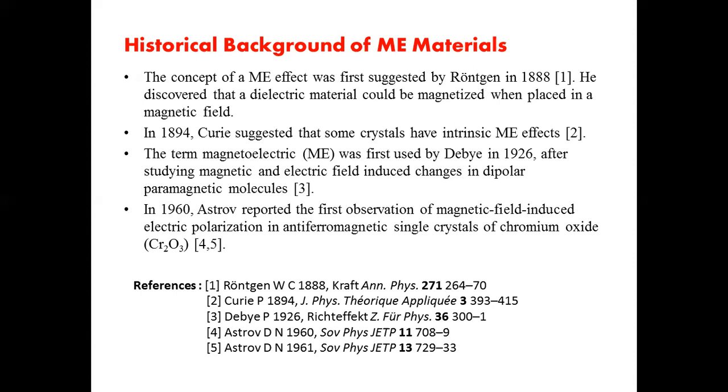And in 1960, Astrov reproduced the first observation of magnetic field-induced electric polarization in antiferromagnetic single crystals of chromium oxide. So this is the first practical invention, by Astrov, and he showed for the first time that electric polarization could be achieved in this antiferromagnetic material with the help of an applied magnetic field.